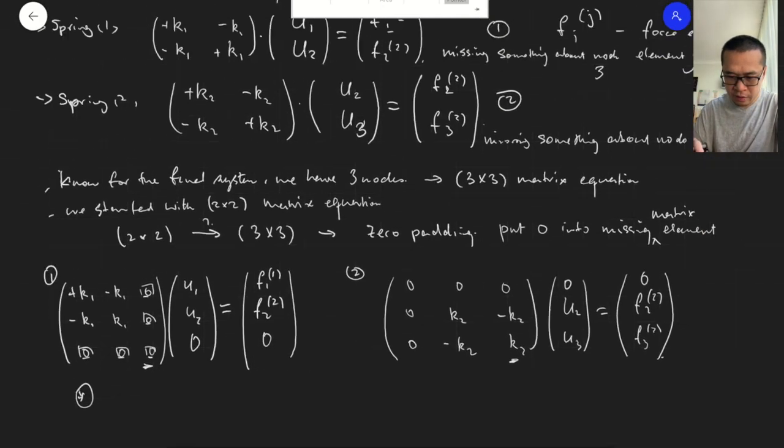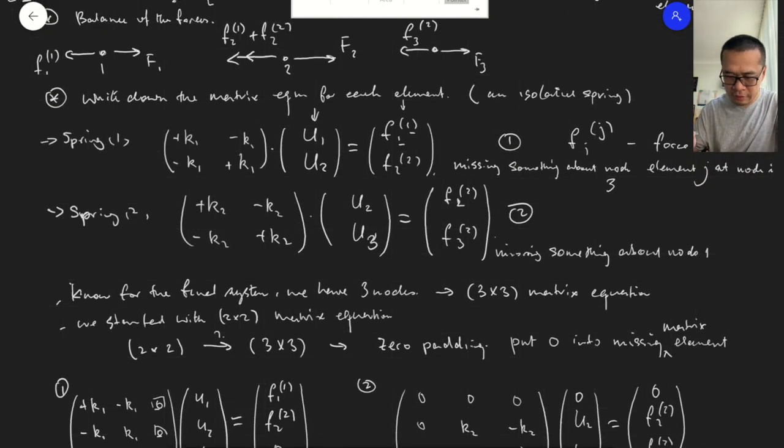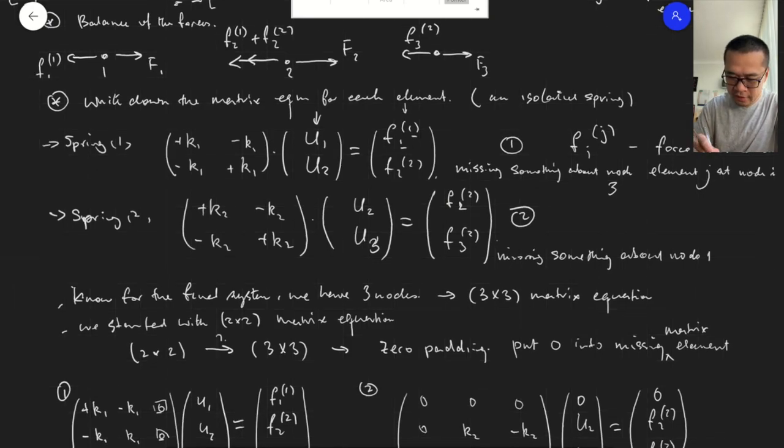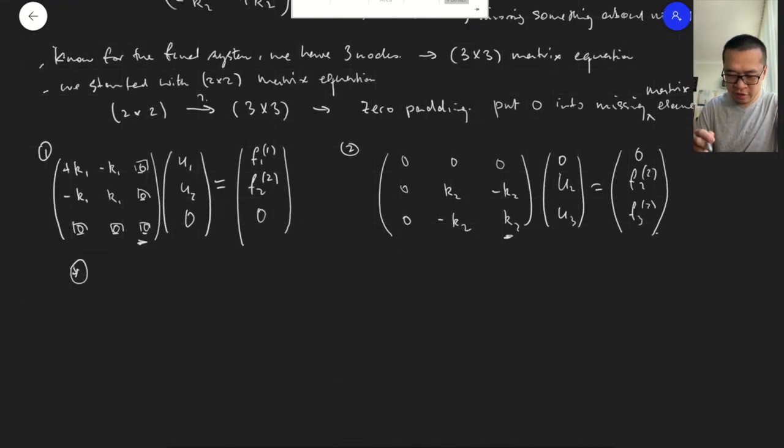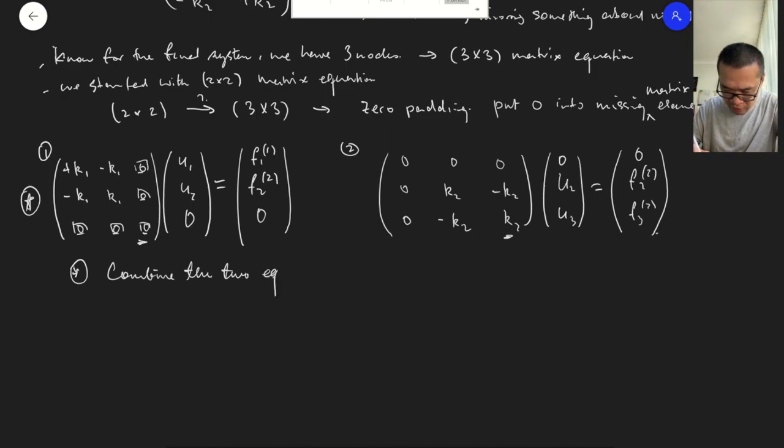Okay, so we are back at the point where we had two equations. Now we have changed them into 3 by 3 equations, and now we need to combine the two equations together.